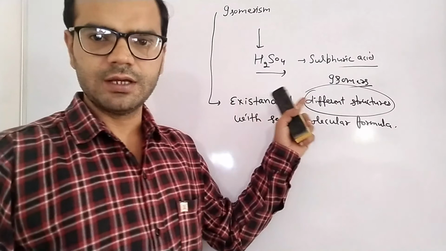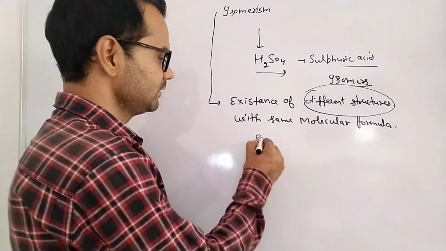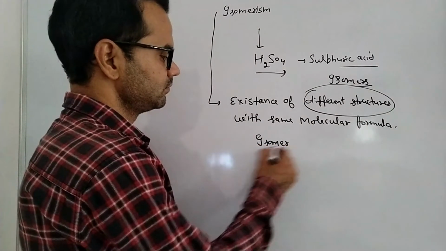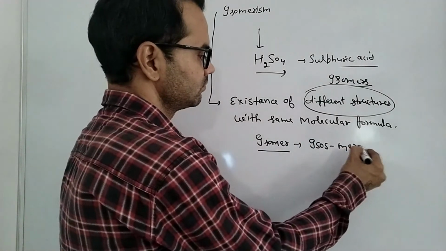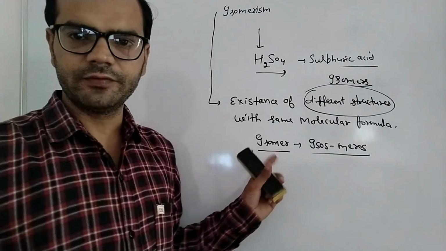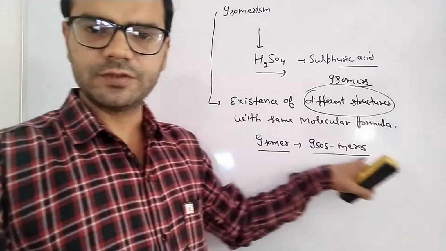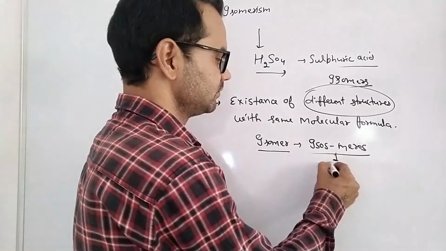The word isomers is derived from isos meros, which means equal parts.